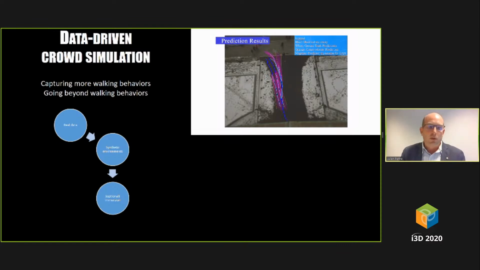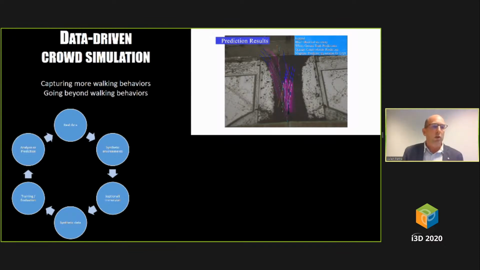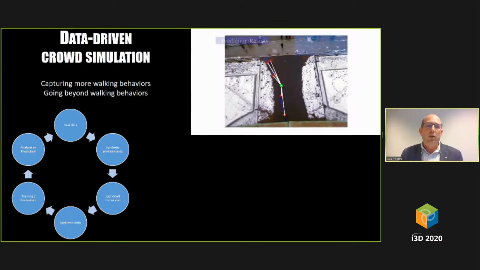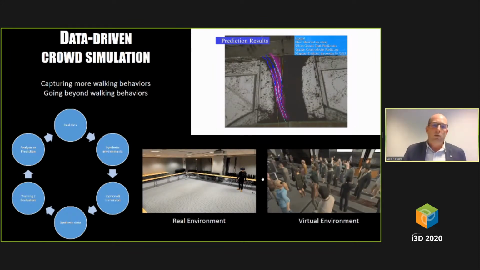Just as I showed before, you can generate synthetic data out of those simulations that you can then use to train those data-driven crowd simulations or evaluate them, and you can analyze better or predict better real environments, so you can capture better real data and then have this cyclic improvement, this circle of virtue, a principle in our research that we apply.